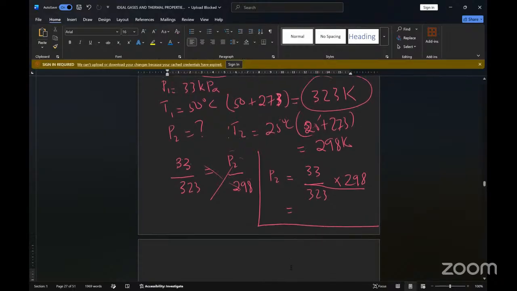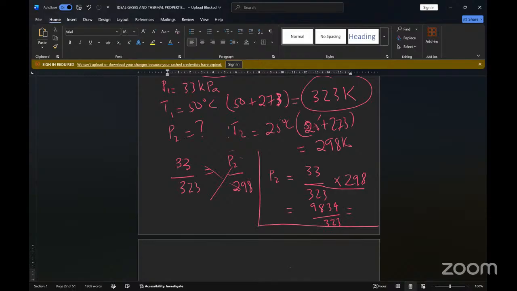And we are going to say times 33. The answer is going to be, excuse me, let me bring this. So this is going to be 9834 divided by 323.